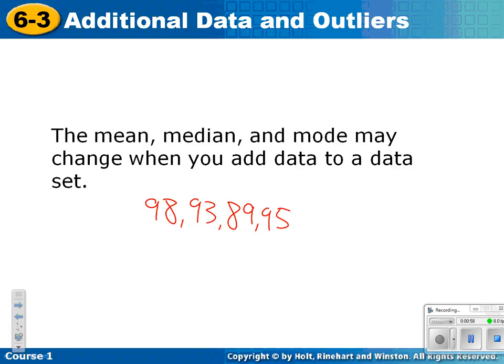Then all of a sudden you find two more test scores, 83 and 79. Do you think the mean, median, and mode might change if you add those two numbers? Well, yeah, of course. So there's your duh statement of the day.